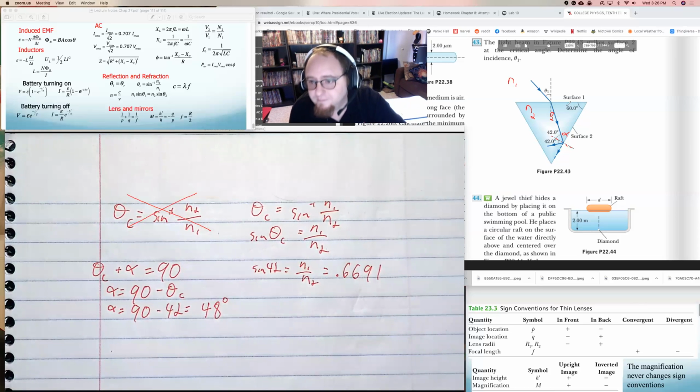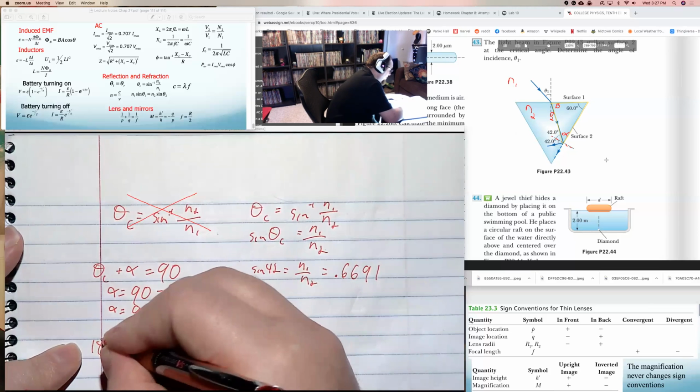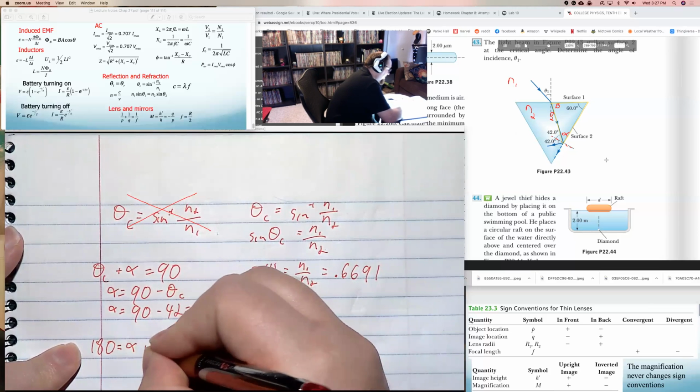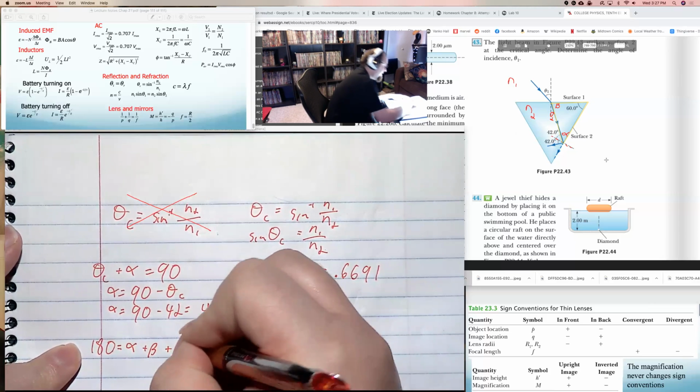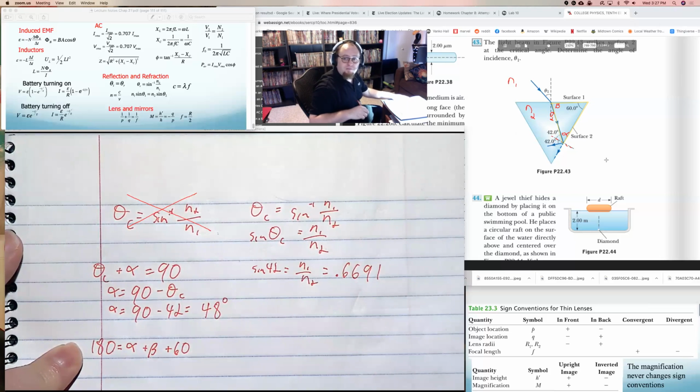Using that, I can figure out what this angle is, which I'm going to call beta, because I have a triangle here. Let me switch colors for this. I have a triangle going here, here, here, and for any triangle, the sum of the angles is 180. So 180 is alpha plus beta plus 60, because that 60 is marked.